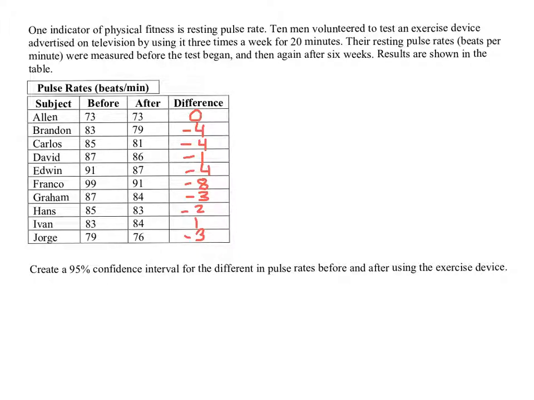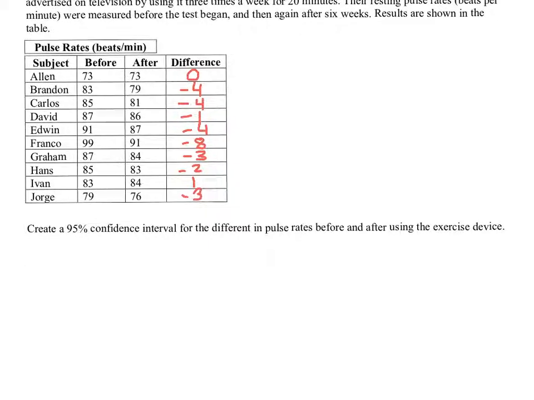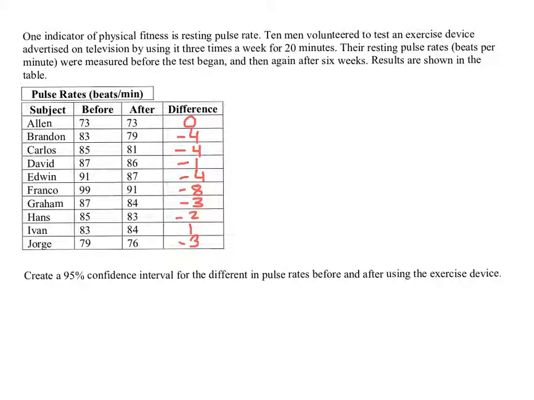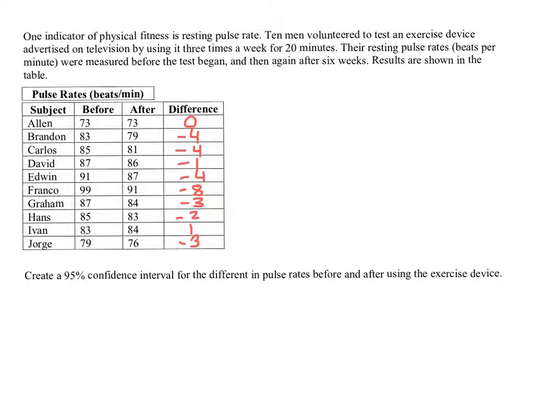Okay, the first step is to check conditions. So I'll do that up here where I have room. Condition 1 is that the sample is either random or representative. So we have 10 men who volunteered. So I guess we'll just have to assume that they are representative of the population.